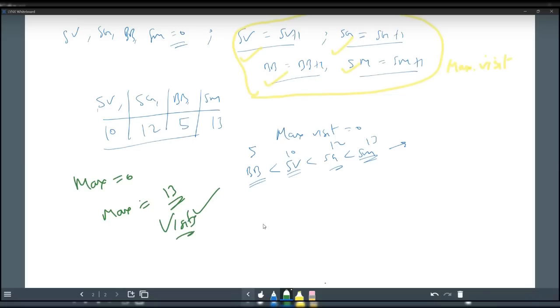So let us say there is another example in which we deal with the maximum shopping bill. In this case we find out the bill amount.